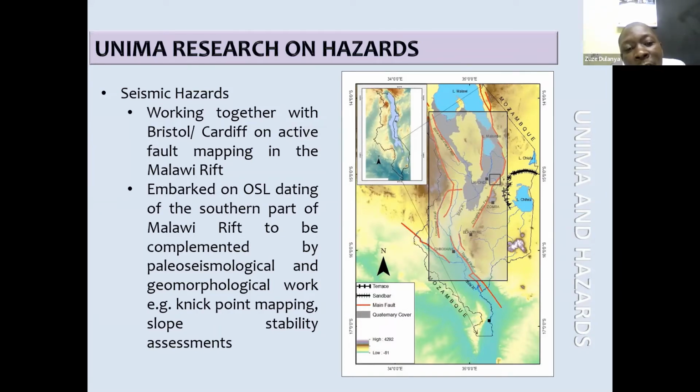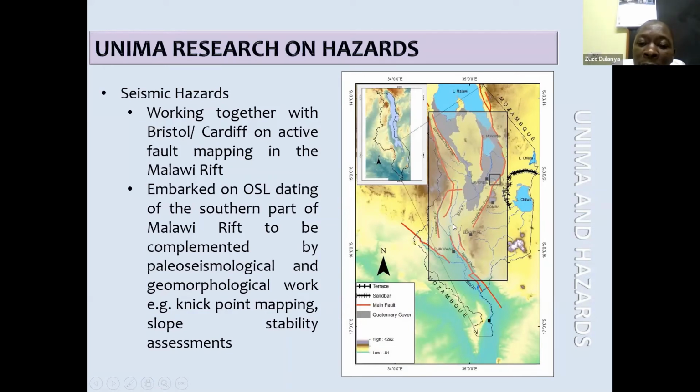And so we are trying to date some of these sediments to be able to relate them to their tectonic activities. We also want later on to do some paleoseismological work to try and map if there are some odd earthquakes that are not perhaps recorded in the current earthquake catalog that we have as a country.